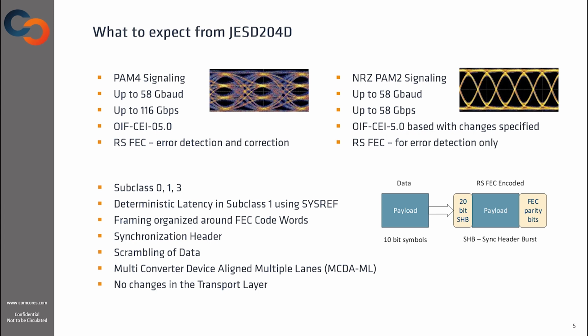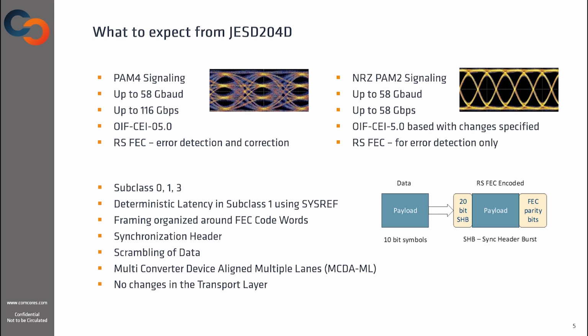Instead of sync header bits that we saw in 64b/66b encoding, there will now be a sync header burst used for boundary detection of FEC code words. And the data will be scrambled, and we will still have support for multiple converter devices aligned across multiple lane links, like before. And there's no changes in the transport layer, it will remain the same.